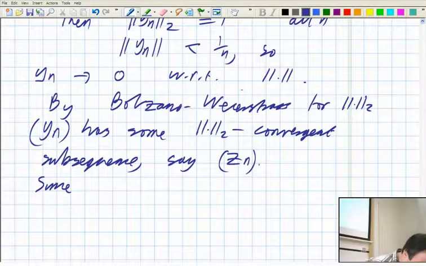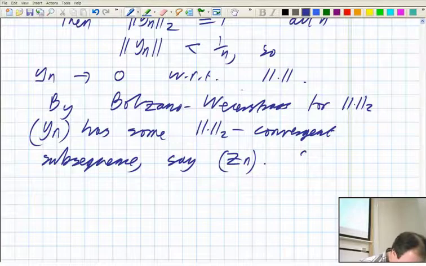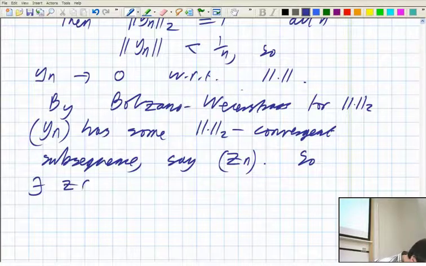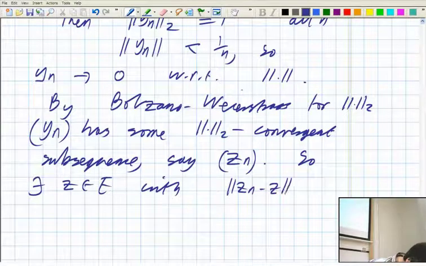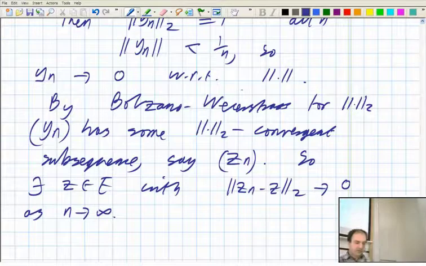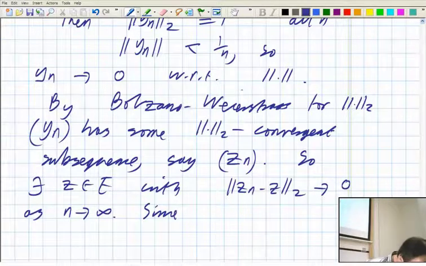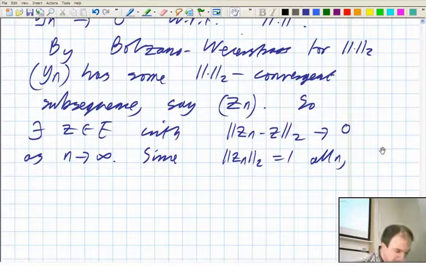Since, where I better have a name for the limit, there exists a z in E with norm zn minus z2 tends to 0 as n tends to infinity. That's what norm 2 convergence means. And since norm zn2 is 1 for all n, it follows that norm z2 is also 1.